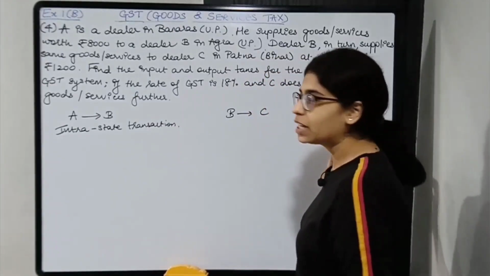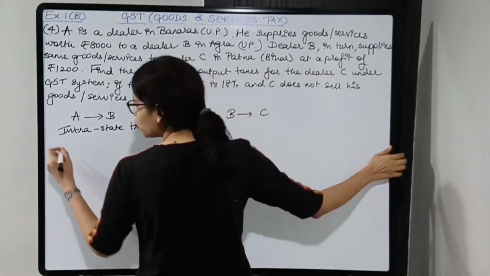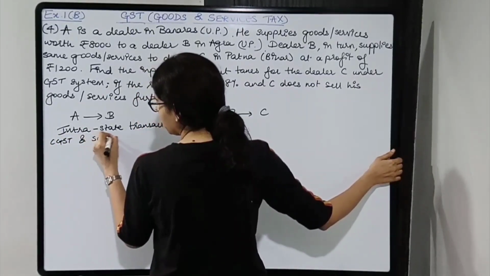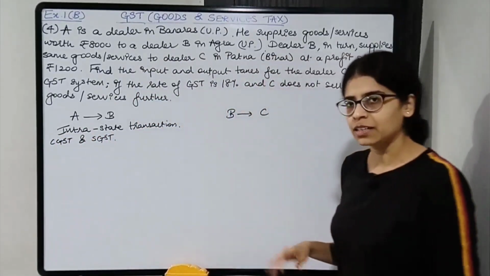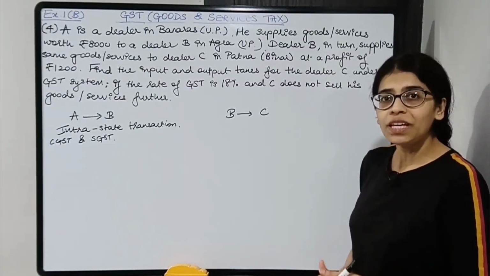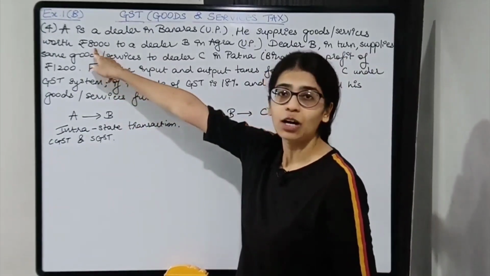Now, intrastate transaction है, so which type of GST? CGST and SGST. All right, these two will be applicable. And A is selling to B for rupees 8,000.